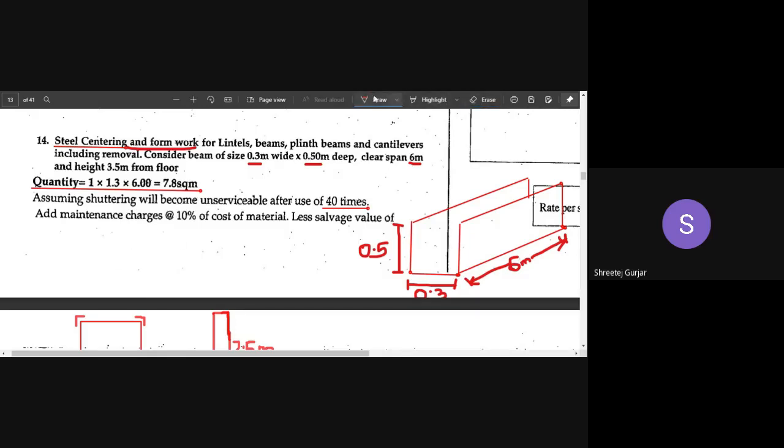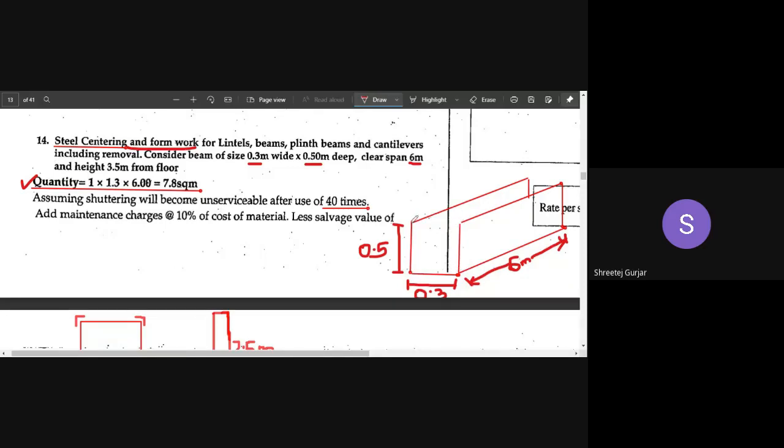Now, what we will do here is assume quantity. First we will calculate quantity. How have they arrived at this 7.8? How can this be calculated? You have 0.5 plus 0.3 plus 0.5.